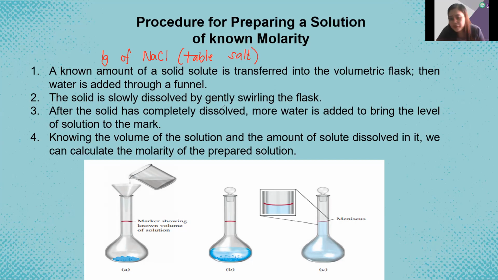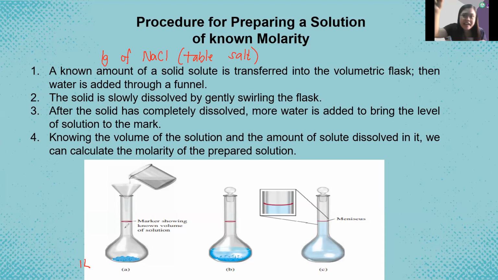Now, syempre we don't have our volumetric flask in our home. So this is how the volumetric flask looks like. It's a long-necked flask and meron lang siyang isang line for graduation. Pag sinabing 1 liter class na volumetric flask, isang linya lang talaga yan siya. I believe you are familiar with the graduated cylinder, and that kind of laboratory equipment for measurement has a lot of graduation.